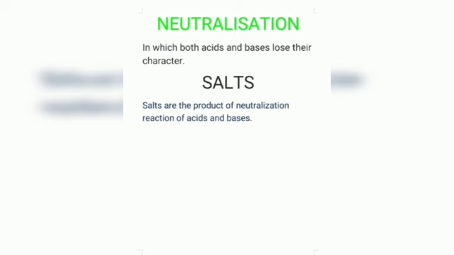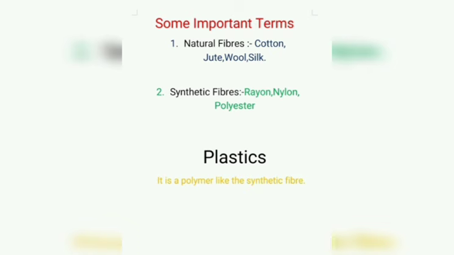Now there are some more topics we have to discuss. There are natural fibers. If a fiber is obtained from natural sources, then it is known as a natural fiber. For example, cotton and jute are obtained from plant sources, while wool and silk are obtained from animal sources.